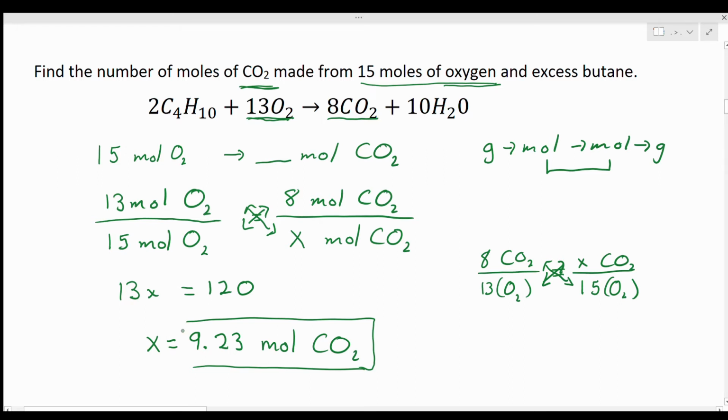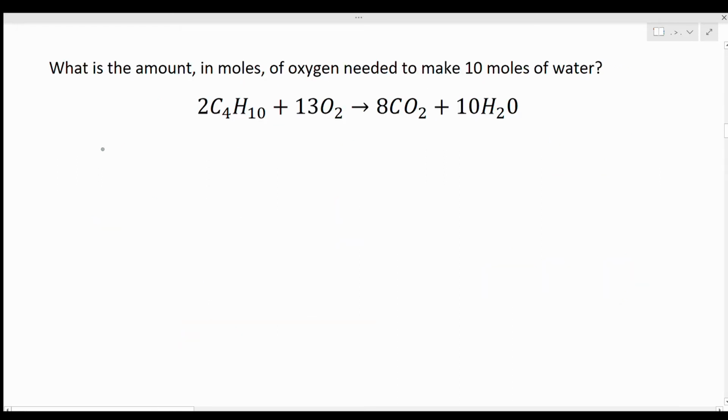Okay, here we have: what is the amount in moles of oxygen needed to make 10 moles of water? Okay, so I can write our little map here. And now we figure out what we're working with. We're working with oxygen and we're working with water.